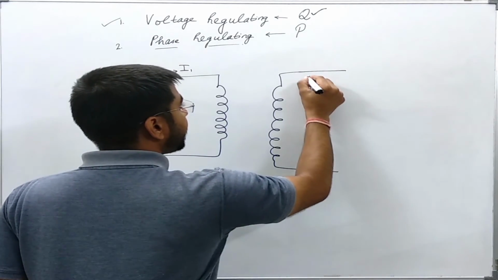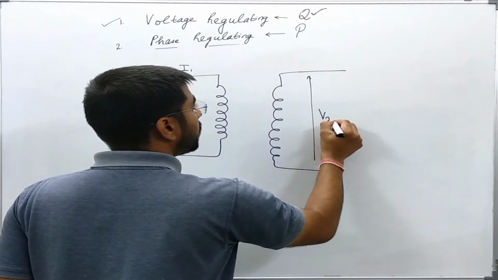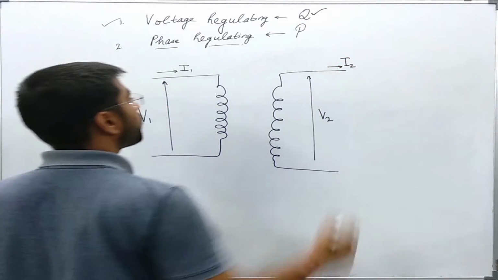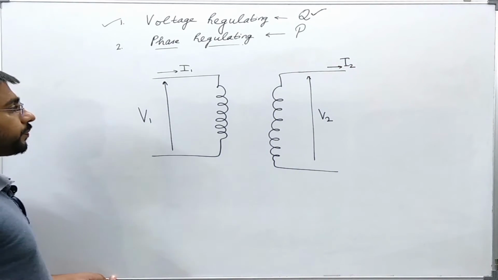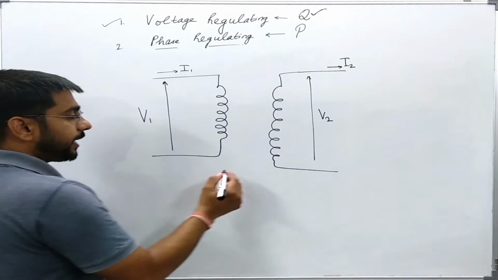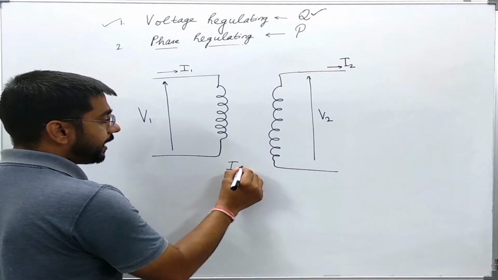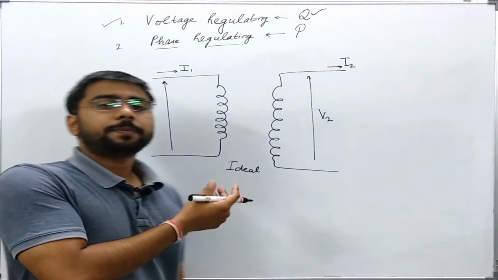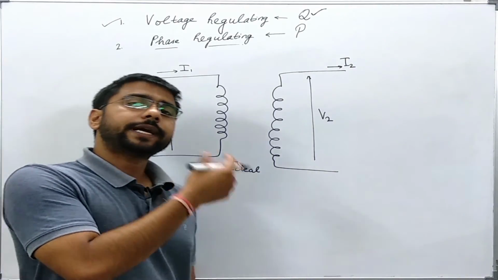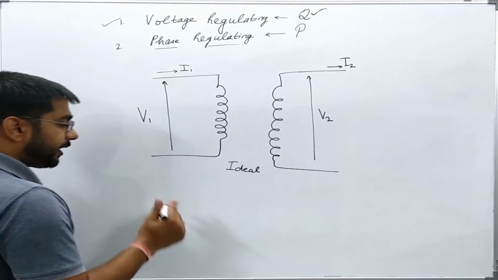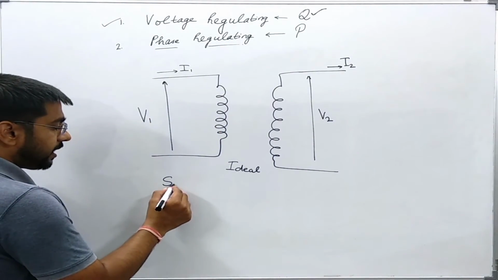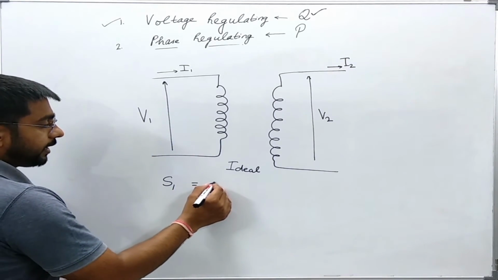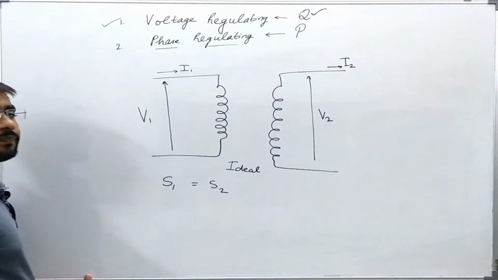Voltage across this winding is V2 and the current going outside is I2. Since I am taking this transformer to be ideal, there is no real power loss or reactive power loss. That is, the complex power entering is equal to the complex power leaving.